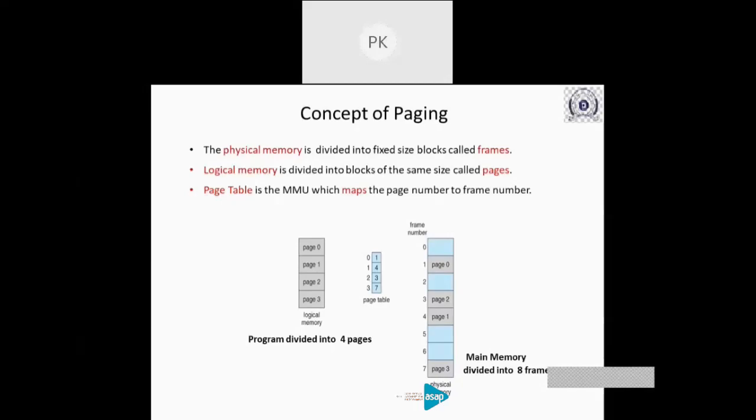Then we come to the program. Program address space is also divided into blocks of the same size as frames, called pages. You know, the program is basically a relocatable code. It's a load module, the relocatable code, based on the relative position of the instructions from the first instruction. So the CPU generates addresses consecutively.